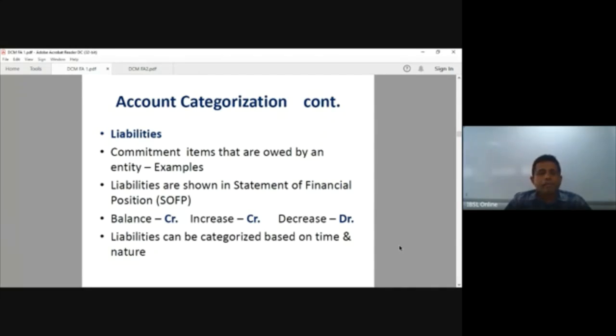In business, we have to make some commitments. When we make a commitment, we have to recognize the liability. Liabilities are also shown in the balance sheet or statement of financial position. For liability accounts, the balance is credit, increase is credit, decrease is debit. Liabilities also can be categorized based on time and nature.